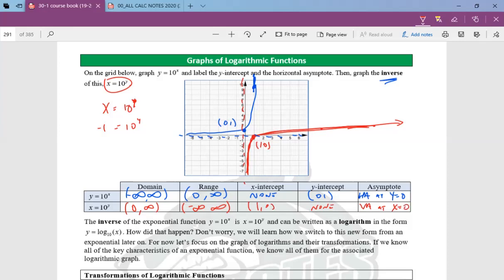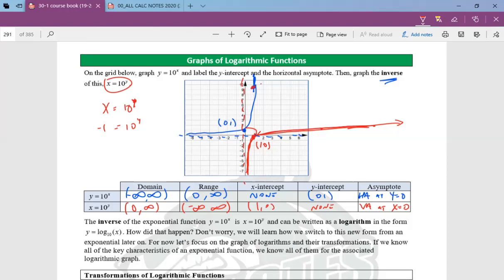Notice that everything that happened here, our domain became our range and our range became our domain. Our point (0, 1) moved to (1, 0) as its image. If we took this inverse as a transformation, that would be the image of that point. In fact, every single point would just have its coordinates swapped.